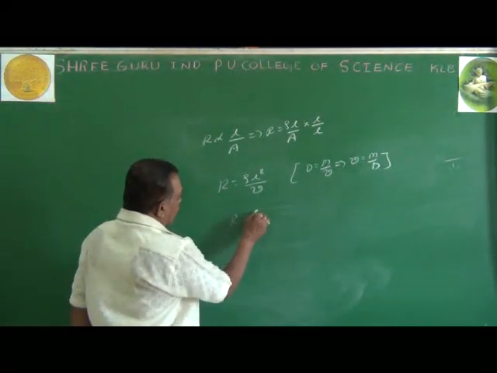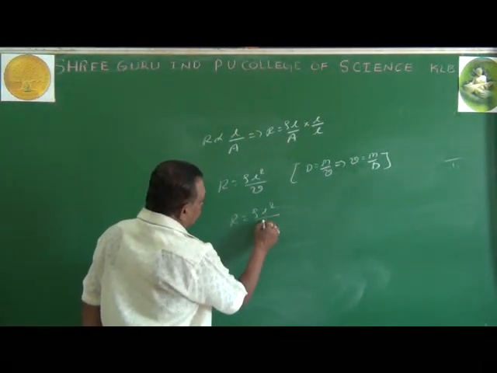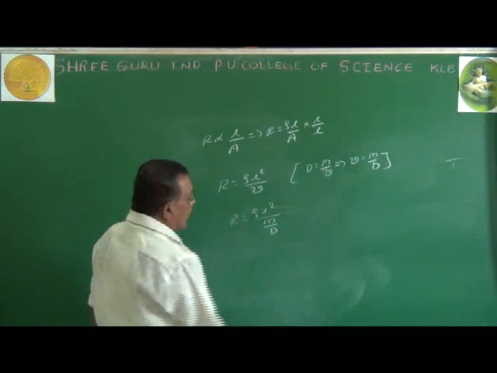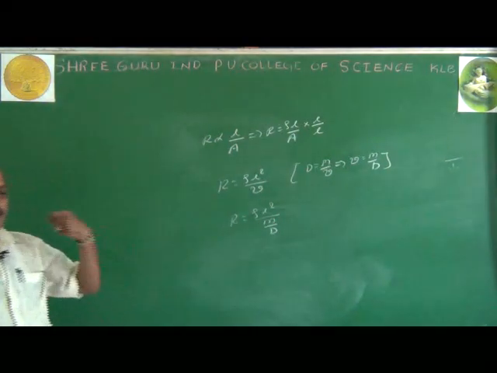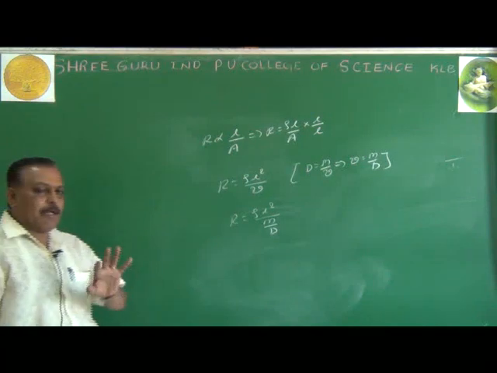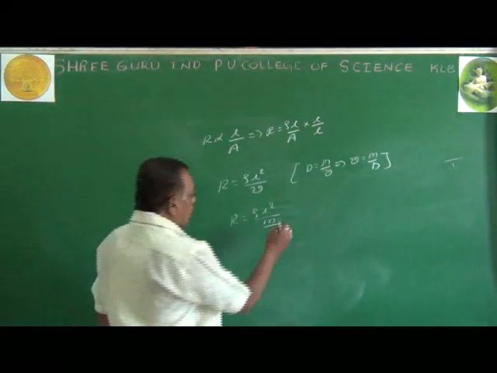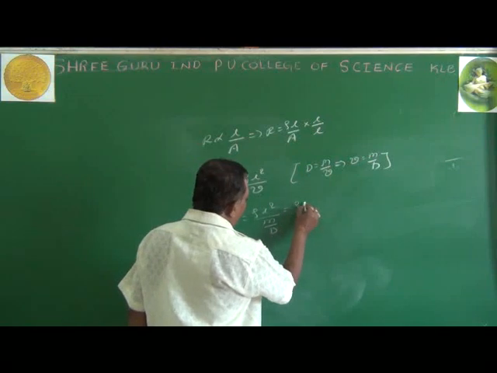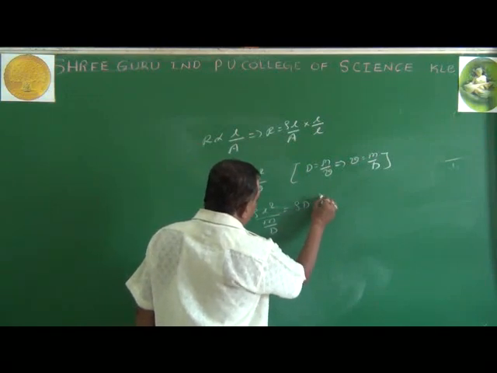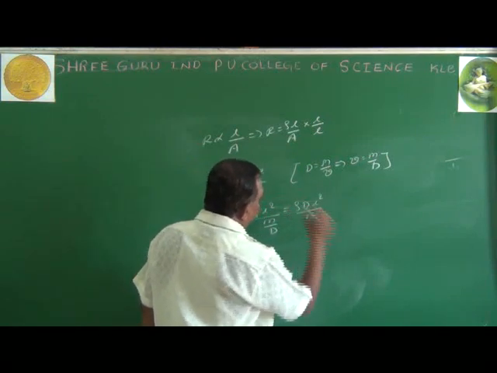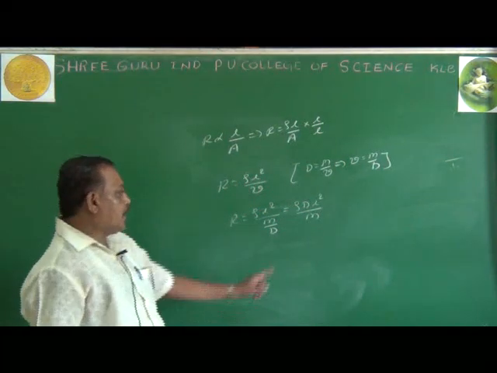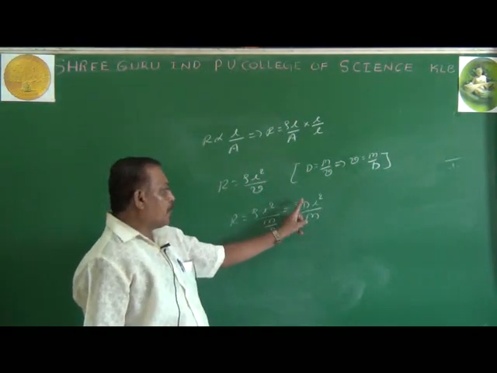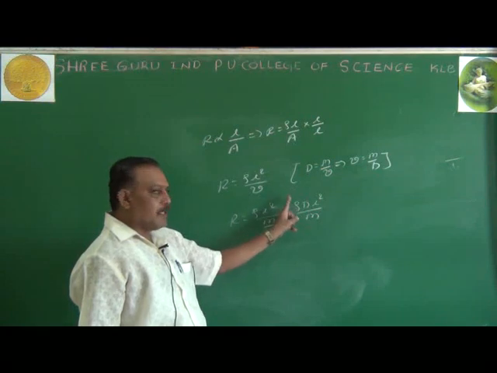R equals rho L square by M by density. Don't confuse yourself, that D represents density, not diameter. So when D comes to the numerator, R equals rho D L square by M. The density of the material of the wire is constant, and resistivity is constant.